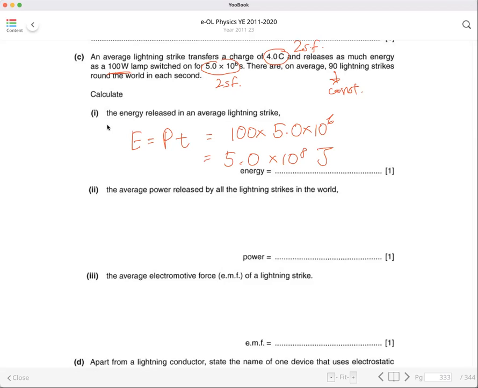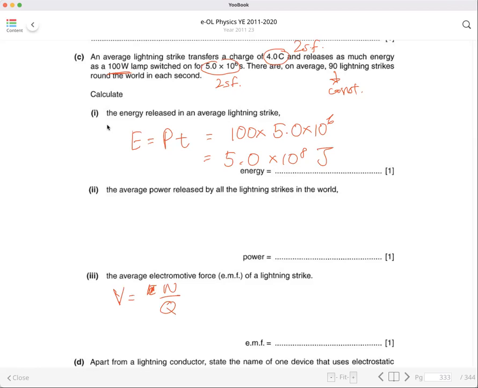Oscar, incorrect for the last one. Okay, the second one is very okay. Let me give you a formula for the last one. EMF, V, the formula is W over Q. W is work done. So from here, can you do the answer?